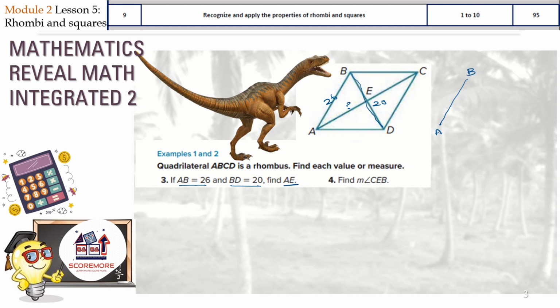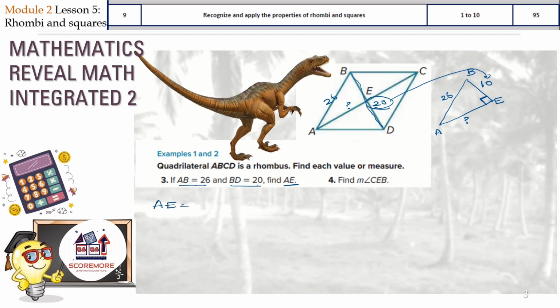Let's draw A, B until E. Make sure you write the dimensions correctly. AB is 26 units and BD is 20, so just make it half, it's going to be 10 units. We are supposed to find AE.